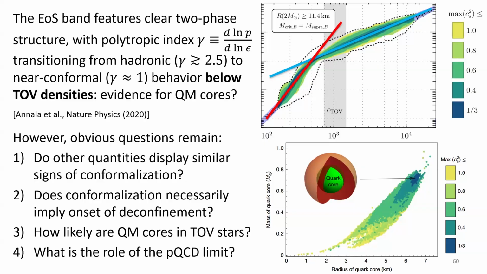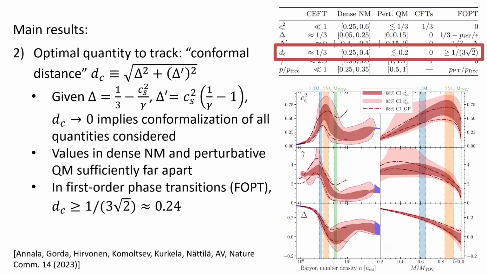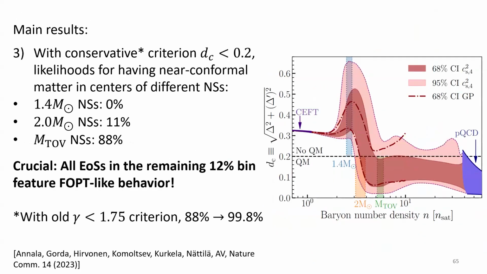In the end, it's true that hyperonic equations of state often introduce a softening in the equation of state, but there's not a single model that would be consistent with all the observational constraints that we are using. Especially in this Bayesian calculation that I explained here, we tried to evaluate all available hadronic equations of state and give them a likelihood value, and none of them did very well.